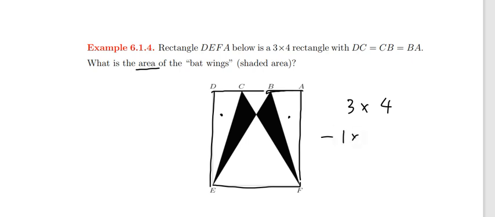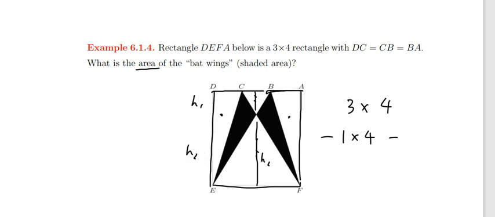So it's just half of 1 times 4. Here is half 1 times 4, and here is half 1 times 4. And then minus this and this, right? Minus these two triangles. So for this triangle, suppose the height is H1, and this one, suppose it's H2.